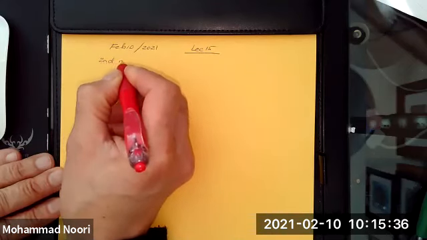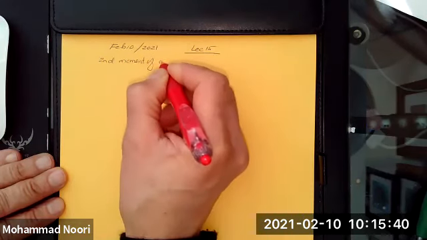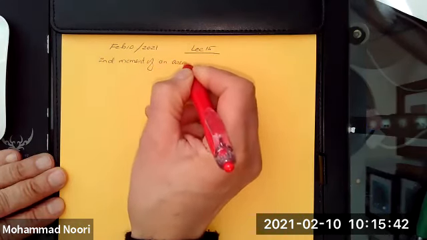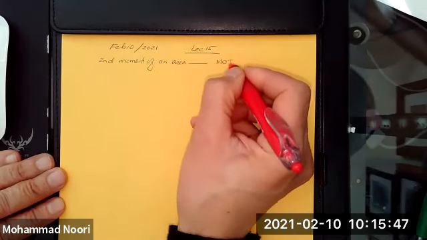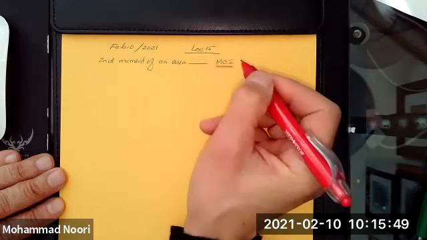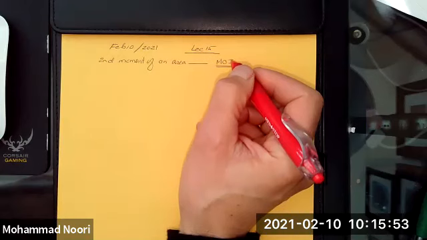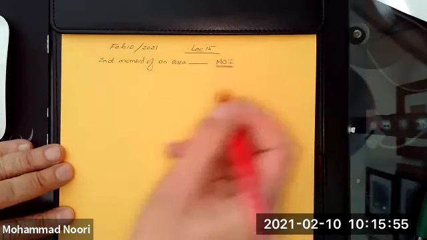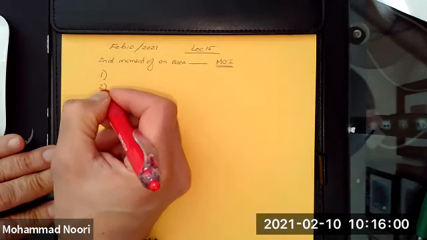As we discussed last time, we are trying to basically do the second moment of an area, which commonly is referred to as moment of inertia. Of course, we don't have inertia in statics, but nevertheless, we call it that way. And we said that there are two types of problems that you encounter.